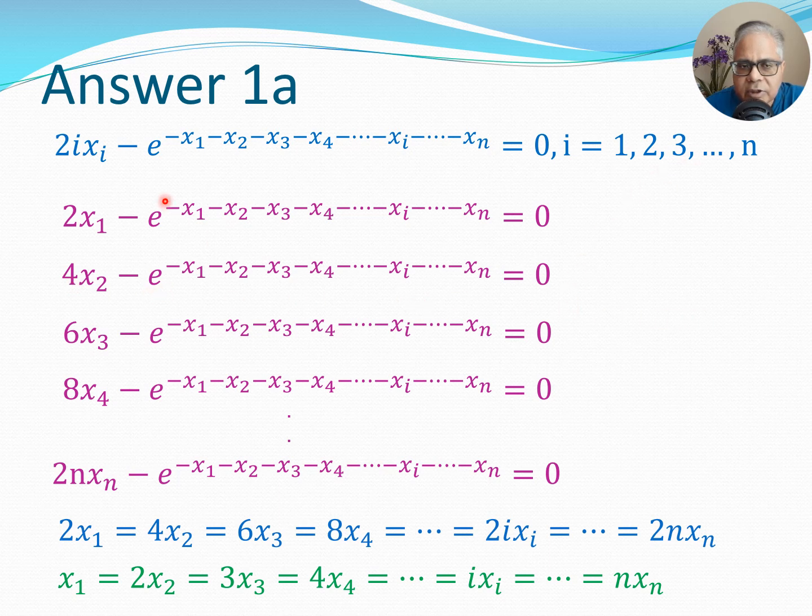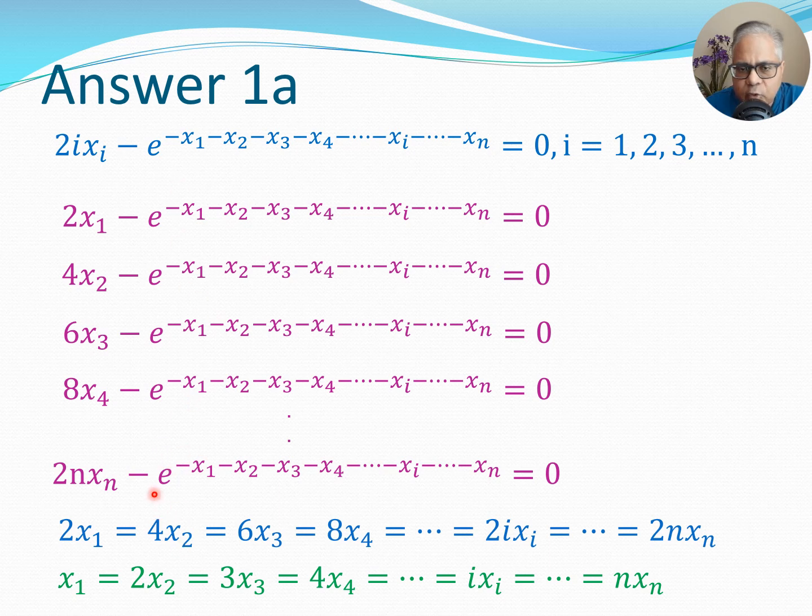I put 3 here, I get 6x3 minus this exponential term is 0, all the way to 2n xn minus e to the power of this minus x1 minus x2 term is equal to 0. So I essentially now have n equations of this form. And you will of course see there is a certain pattern in these equations. All the terms which have this exponential term, they are all exactly the same.